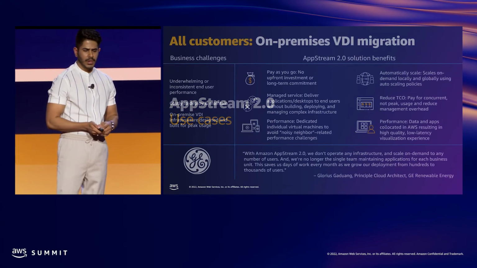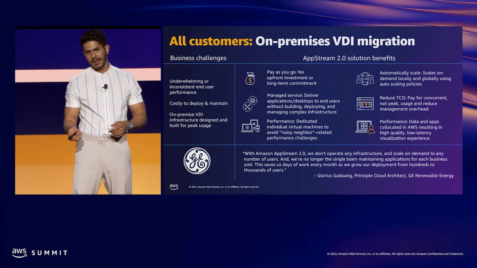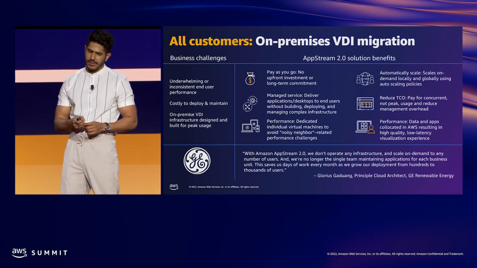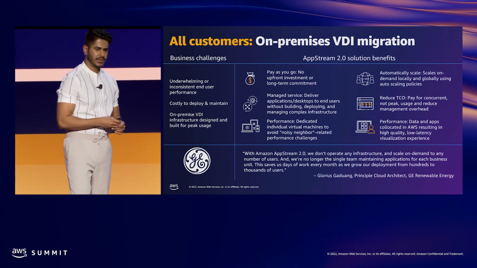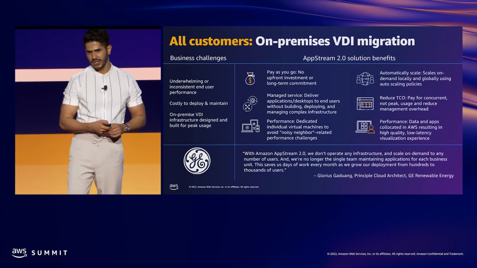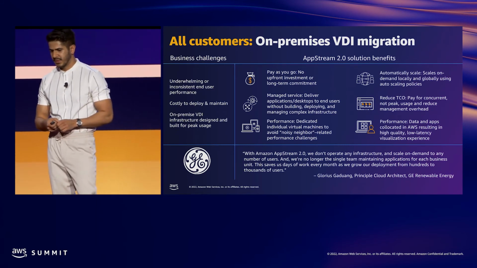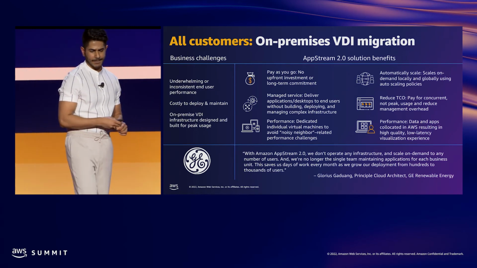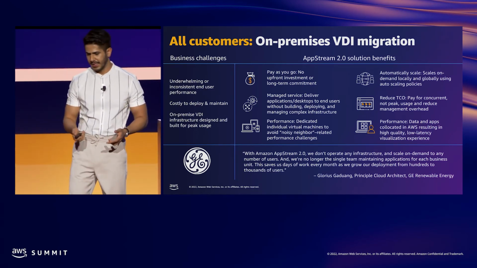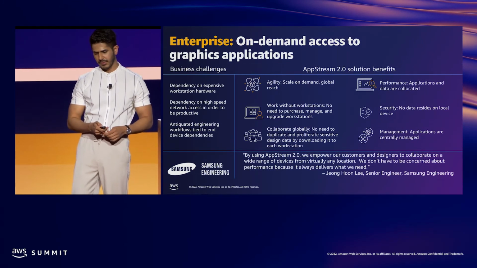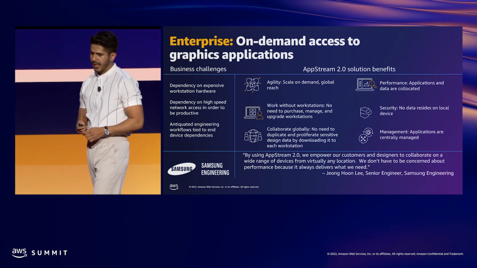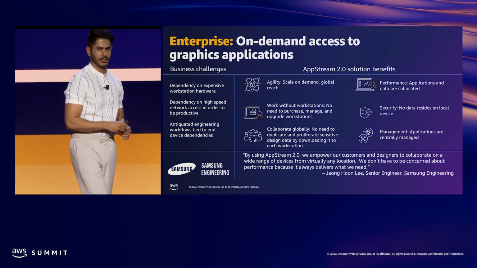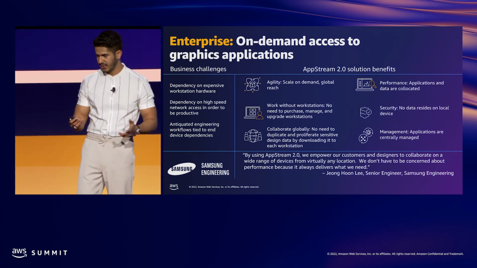Use cases. A lot of our customers are using AppStream for a variety of different use cases. General Electric here was doing more of a traditional on-premises VDI migration. They migrated their on-premises VDI and were able to scale on demand for their end users, and they saw a lot of success with that. And when we talk about graphics applications, usually customers have to buy expensive hardware, which costs about $5,000.